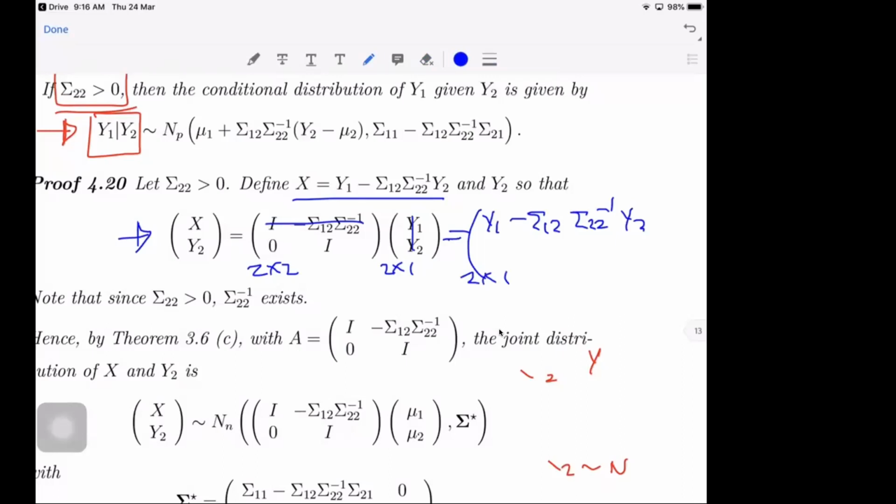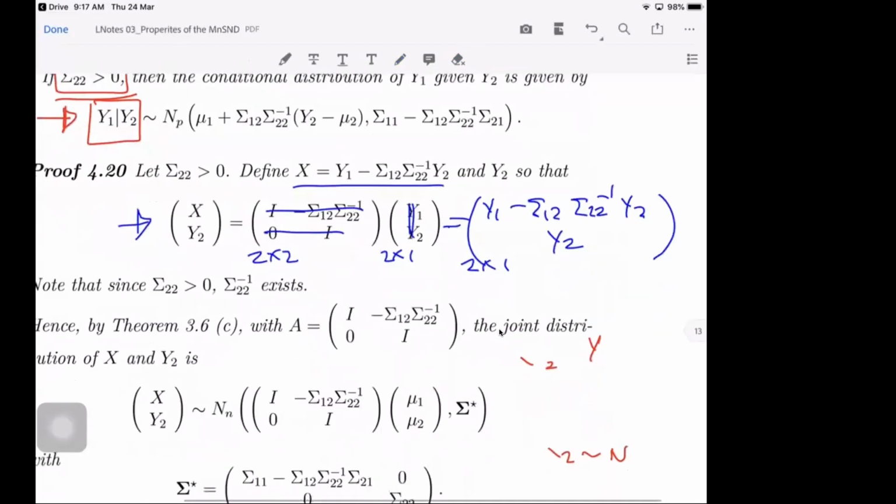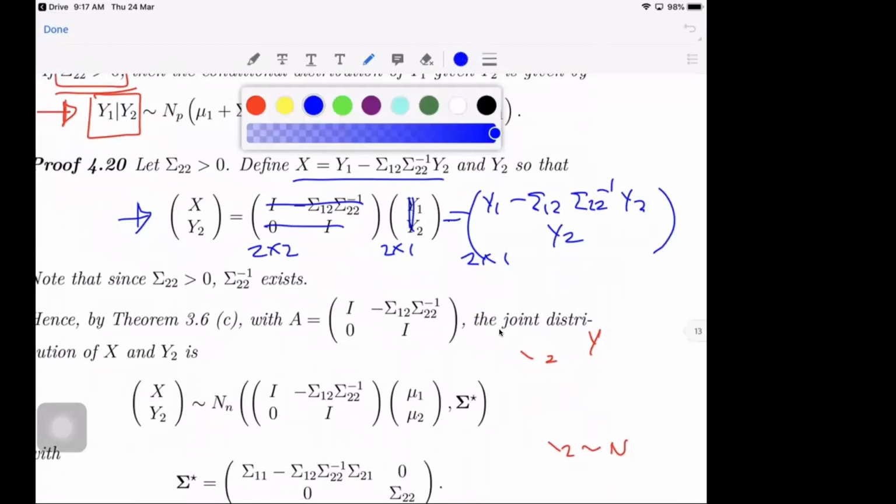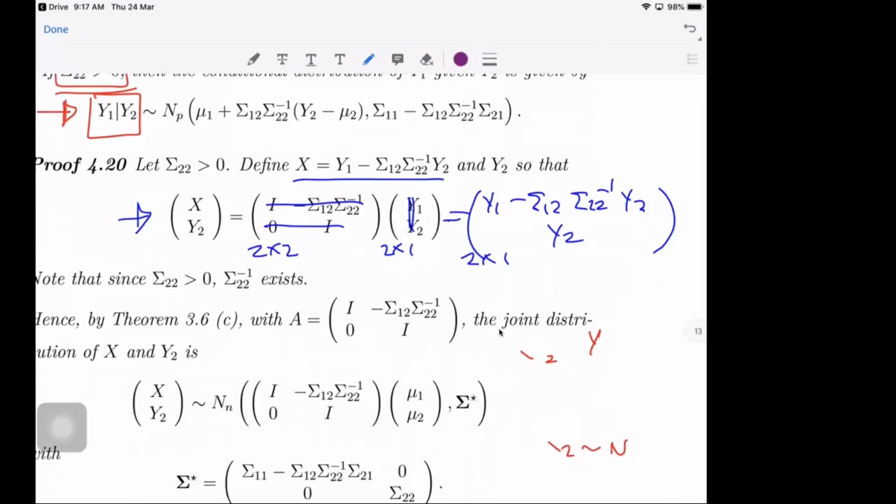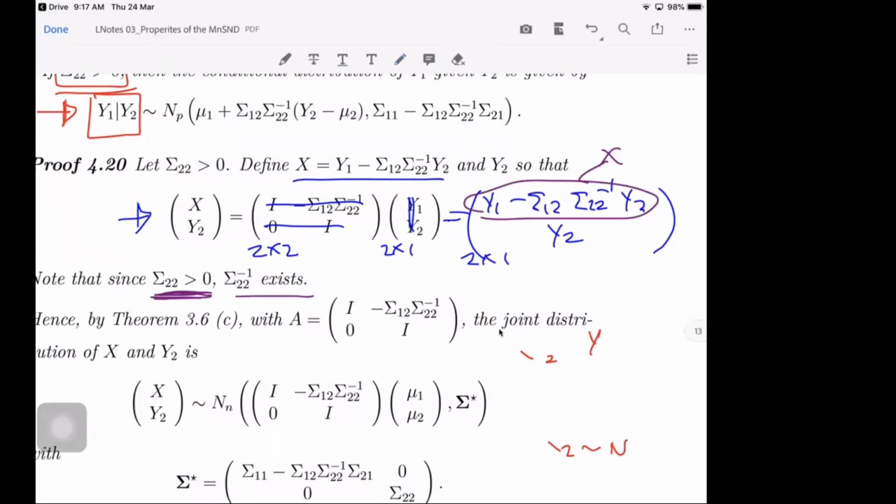That is equal to x, and this is equal to y2. So this whole term is how we define x. This is the importance of the assumption that sigma 22 is positive definite, so that the inverse exists and you can define this term here.